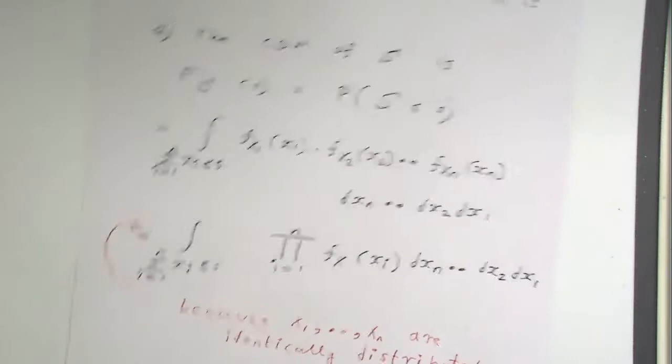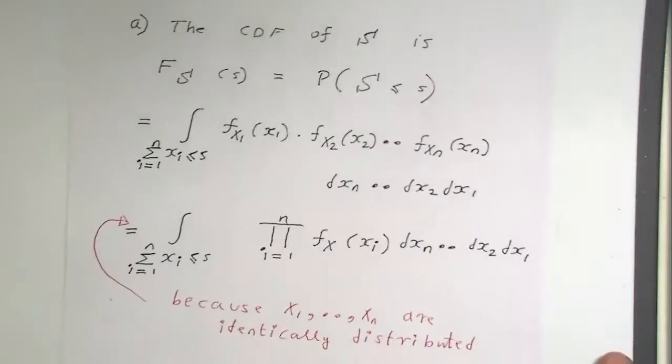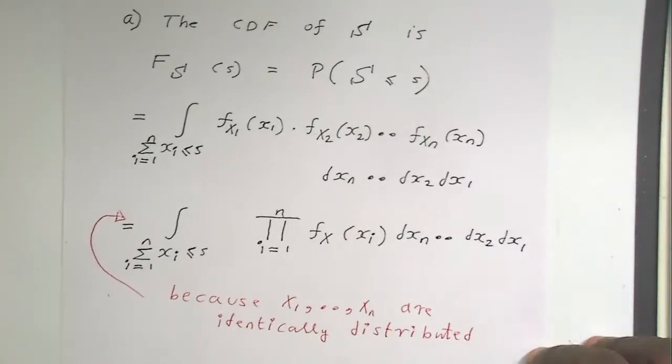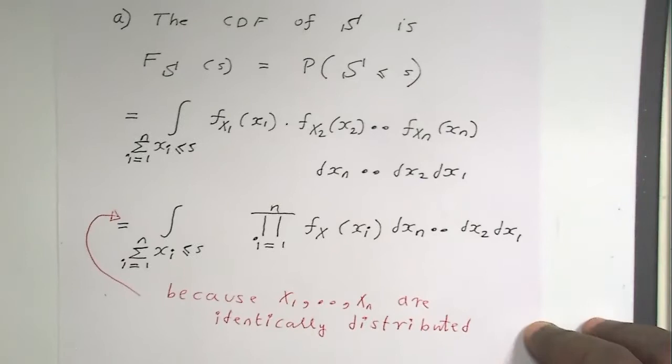Remember, we are assuming that x1 to xn are IID, which means that fx1, fx2, and fxn are all of the same form.